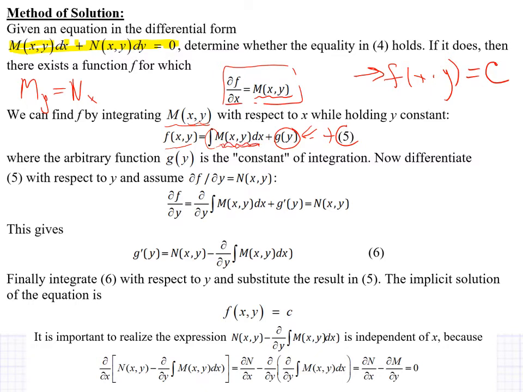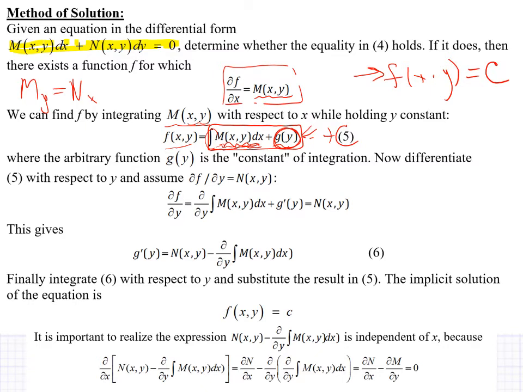And if y is treated like a constant when we do this integration, then the constant should be anything we treated like a constant, which could be a function of y. So the idea here is this is our plus c for this indefinite integral. So when I go ahead and do this, this is what f of xy should equal.